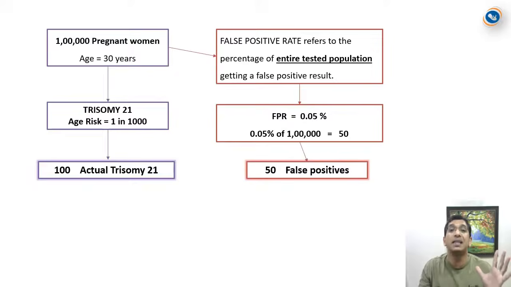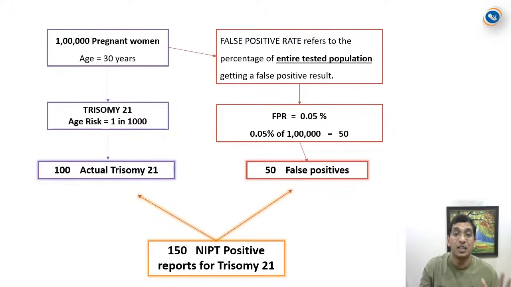So 50 patients are going to get a false positive NIPT report, which means that if you have a 30-year-old population and you get 150 NIPT positive reports for Down syndrome, out of those 150, only 2/3, that is 100, will actually have Down syndrome, and 50 will be false positive NIPTs. So at the age of 30, 1/3 of all NIPT positive results will be wrong.